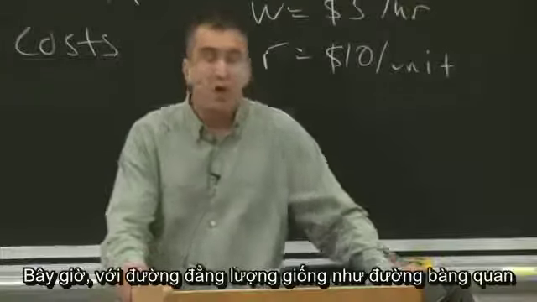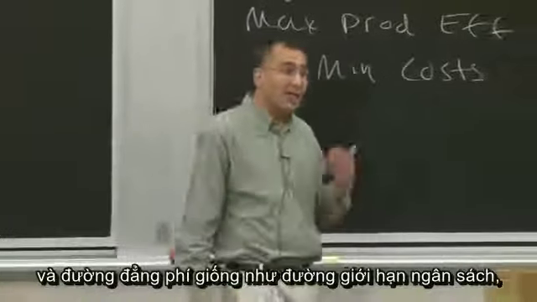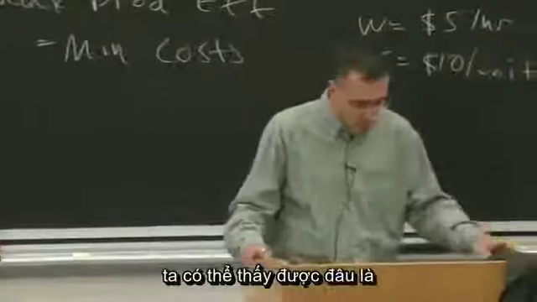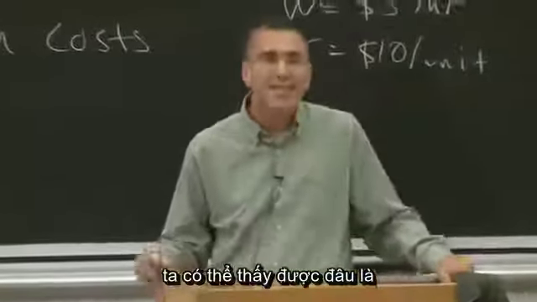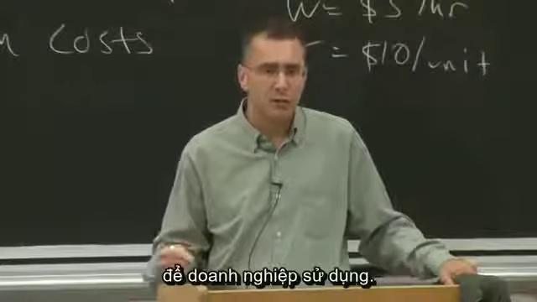Now, armed with isoquants, which are like indifference curves, and these iso-costs, which are like budget constraints, we can figure out the economically efficient combination of inputs for the firm to use.